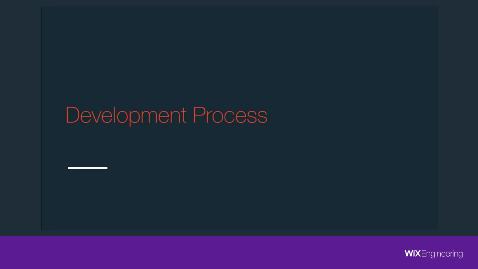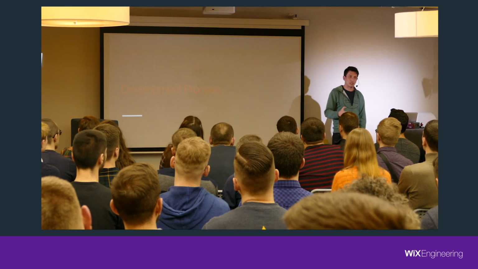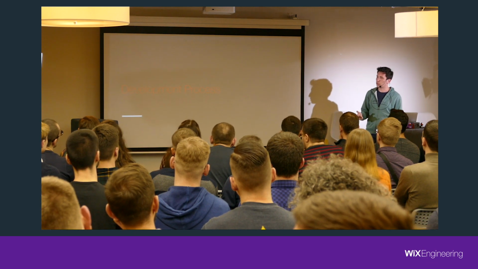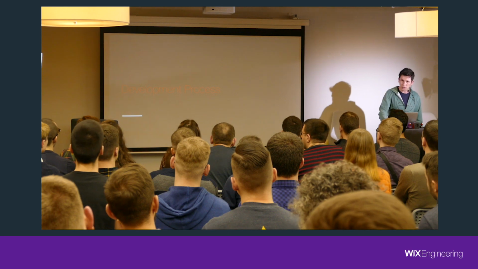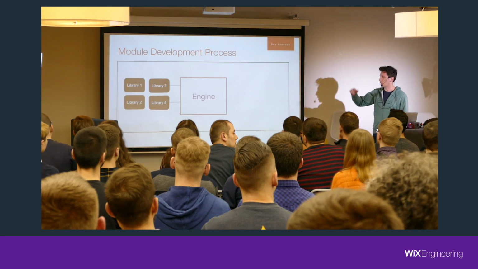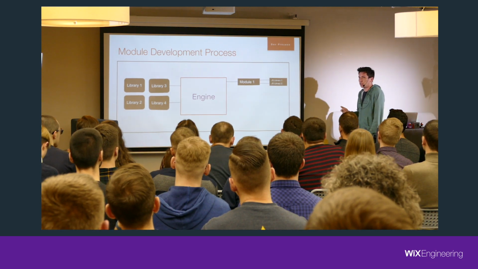So now that we have a good architecture that reflects the structure of our company and fits our needs, let's look at the development process of a model. As we said, the engine brings all the libraries, and a developer during his work doesn't need other models.